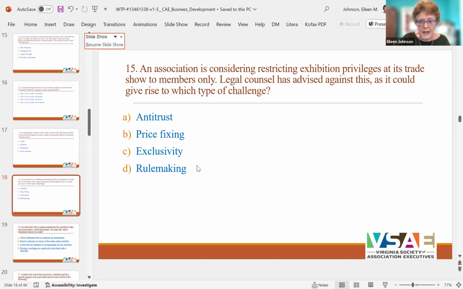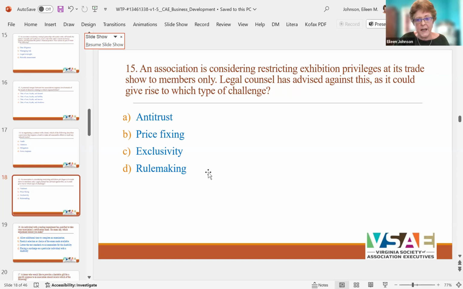Exhibit privilege. I guess it is rulemaking. Yeah, you can limit it to your members only under certain circumstances. So I guess that's where the rulemaking comes in. Generally it would be an antitrust question if you are limiting someone.